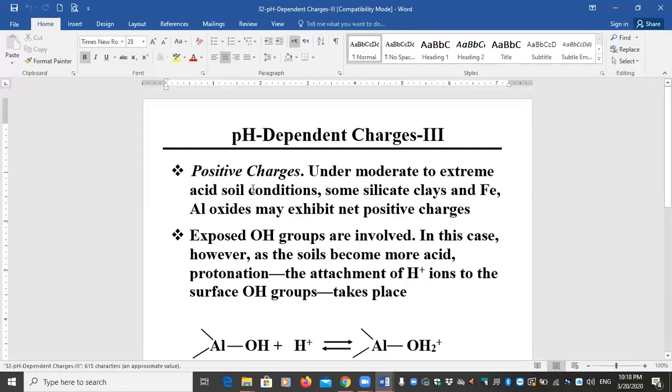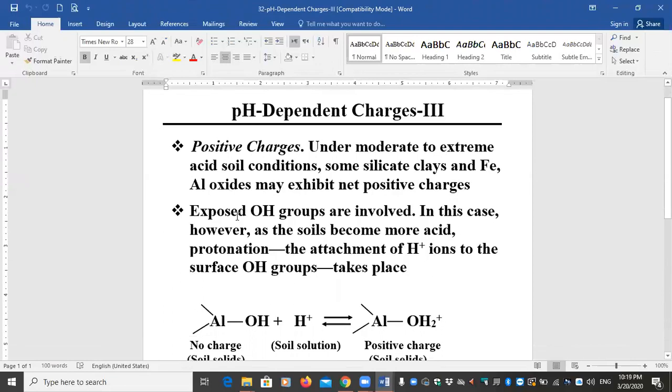Like we said, we can also have positive charges resulting from these pH-dependent sources. Under moderate to extreme acid-soil conditions, some silicate clays and iron and aluminum oxides may exhibit net positive charges. Exposed OH groups are always involved.